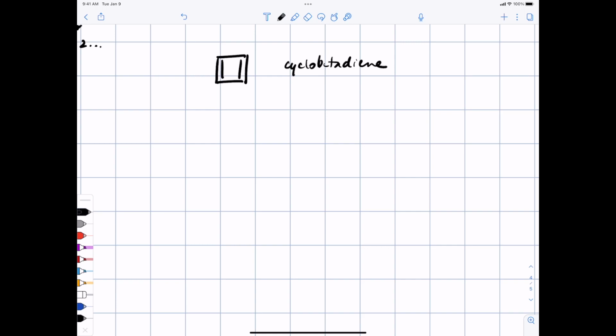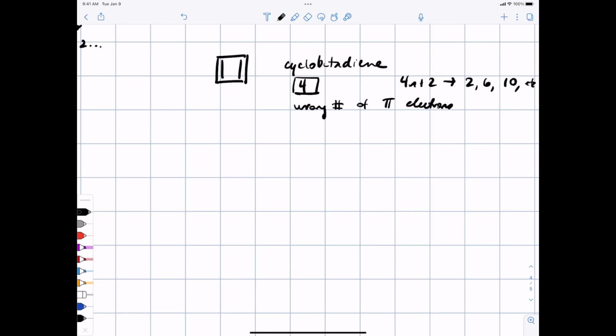Aromatic? No. How many pi electrons does it have? 4. And the 4n plus 2 rule says it's got to have 2, 6, 10, etc. All right, so wrong number of pi electrons.